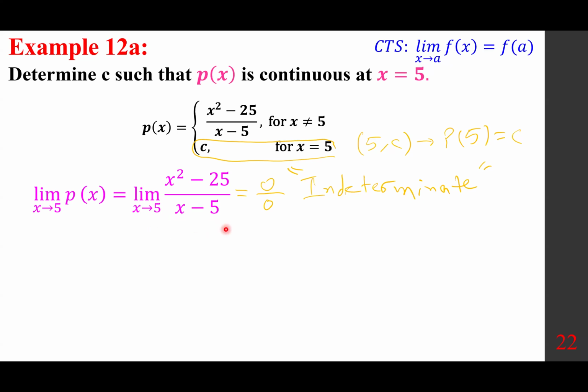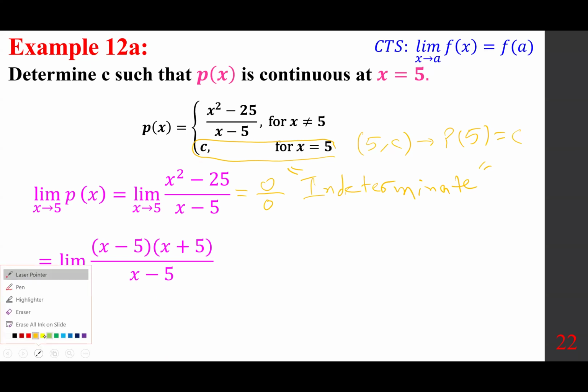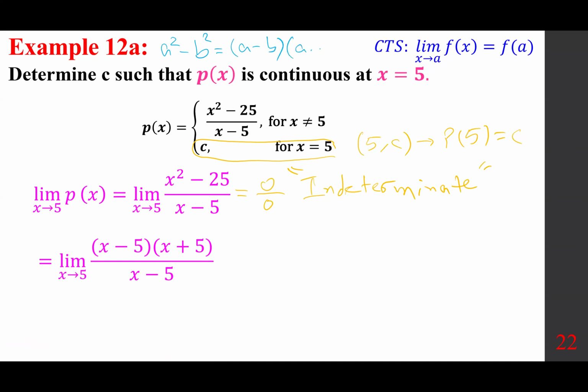You do have it in the denominator. Also in the numerator, everybody knows it's X minus 5, X plus 5, reminding you that A squared minus B squared is A minus B, A plus B. And 25 is 5 squared.